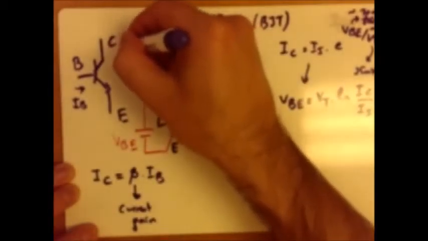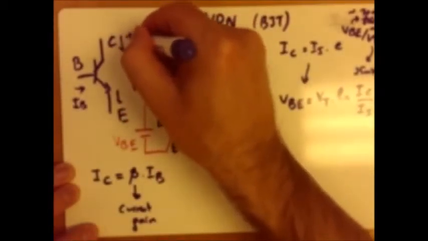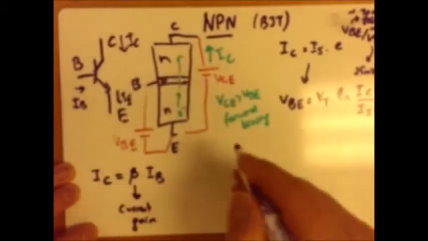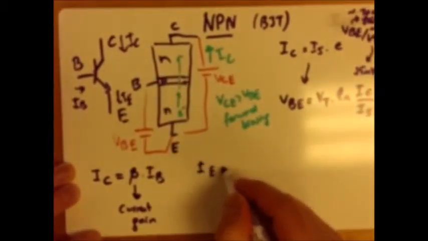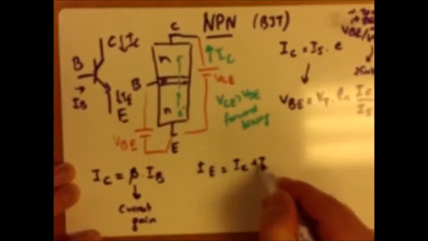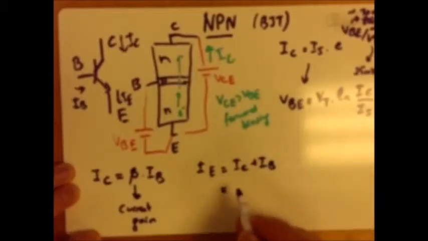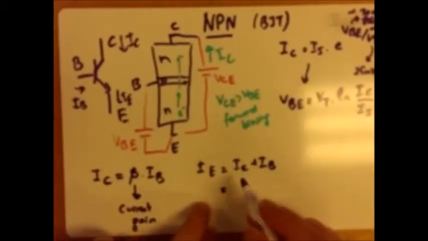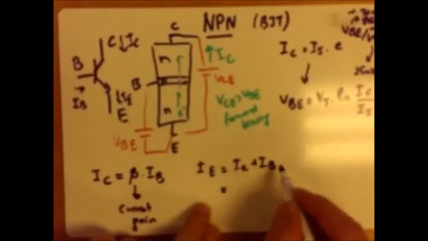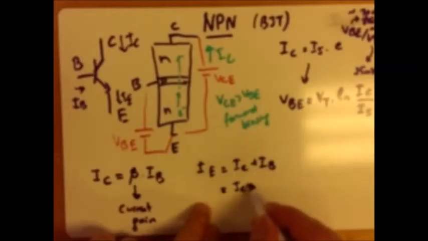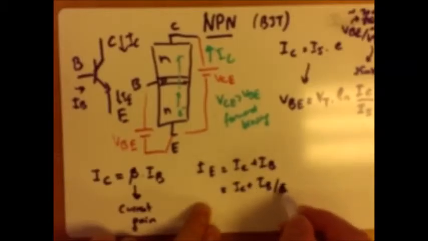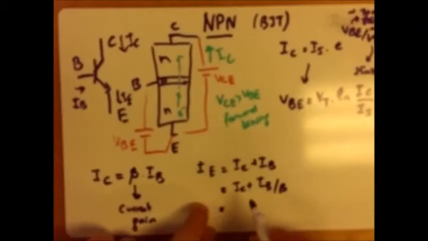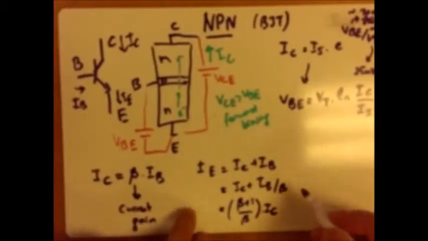Looking at IC and IE, the emitter current is IC plus IB. So you can write IB in terms of the collector current as IC divided by beta, and this gives us beta plus 1 over beta times IC for IE.